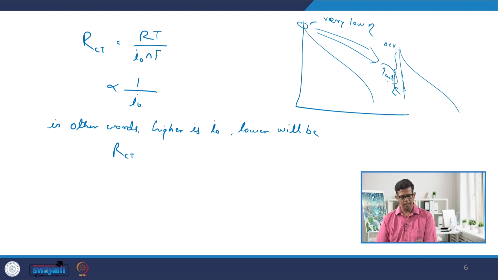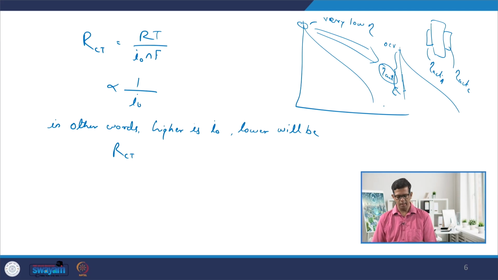As we can see, there are two reactions happening at the respective electrodes. We have activation on the anodic side, and we also have activation on the cathodic side. The sum of these two leads to the total activation overpotential.